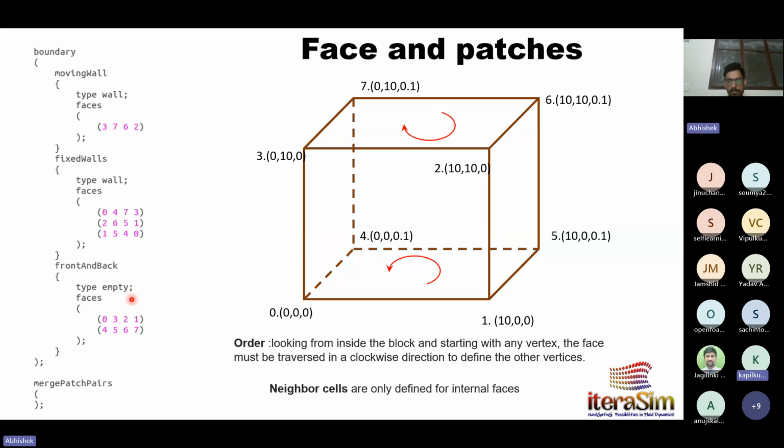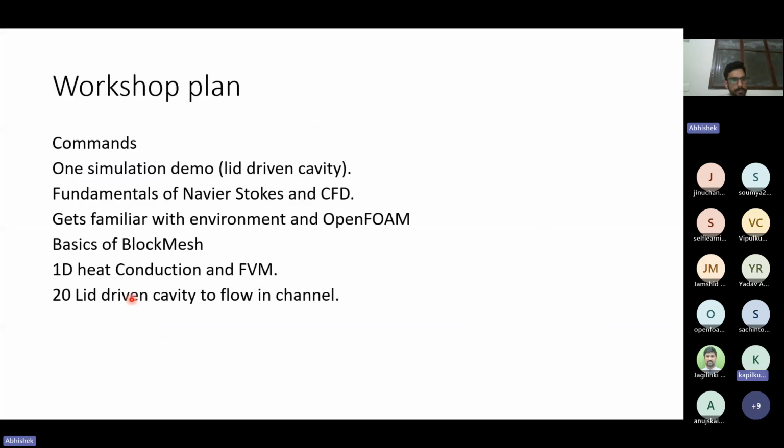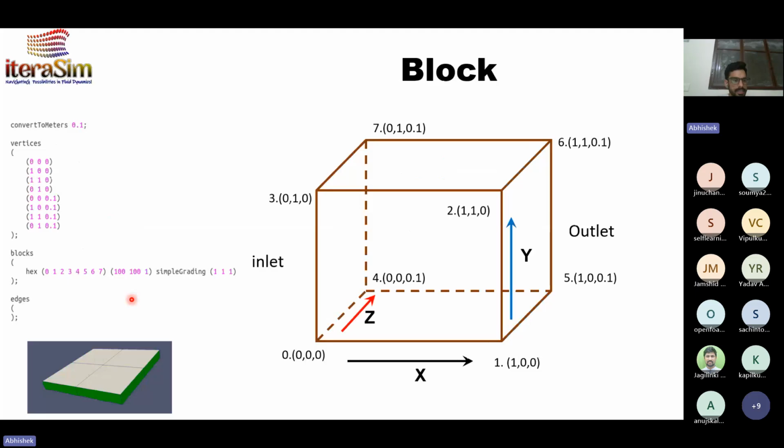Sir, this is for the cavity, we can do that, but how for complex geometries? So blockMesh is capable of making any complex geometry, and that is using these edges. For this block you can give any complex arc, inside arc, outside arc. blockMesh provides the facility of giving any arc or any kind of complex spline.